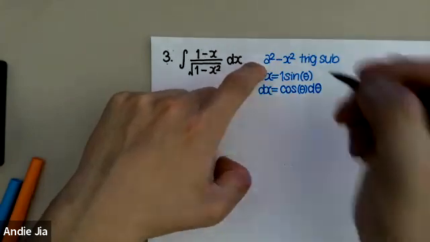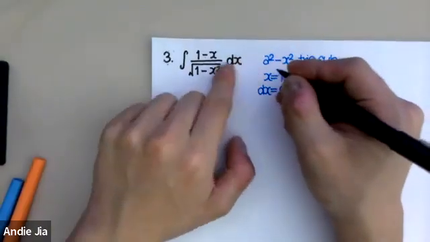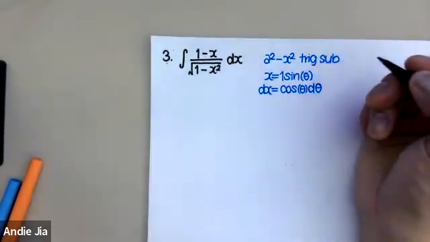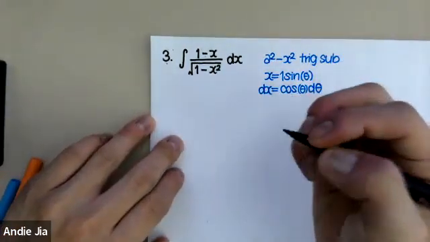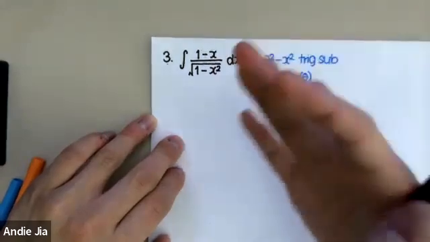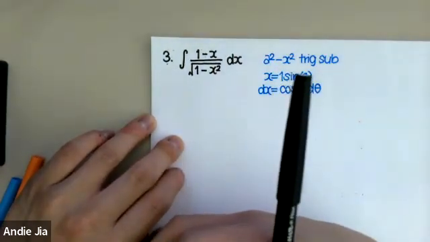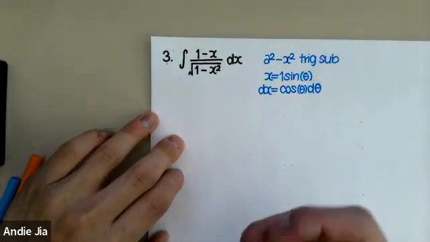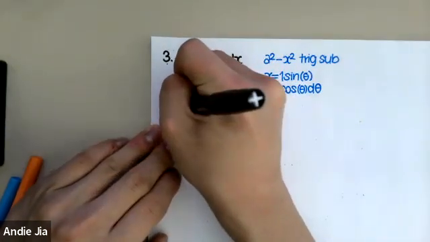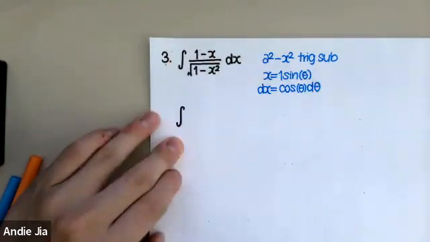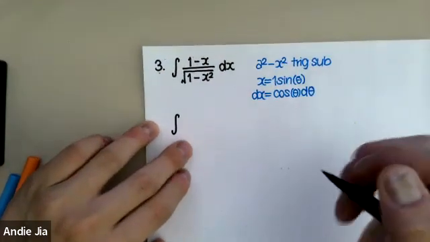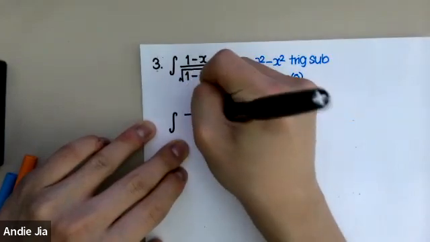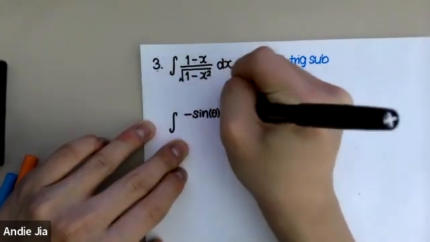So there's going to be negative sine of theta and plus 1. So be careful to write the numerator, because sometimes the numerator may not be very nice. This could be rewritten as the whole thing, negative sine of theta plus 1.